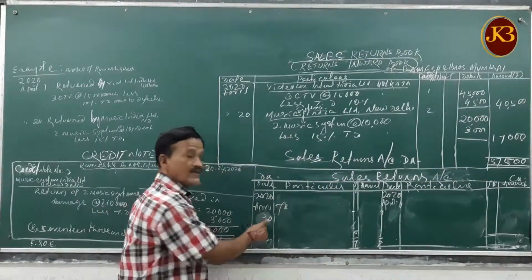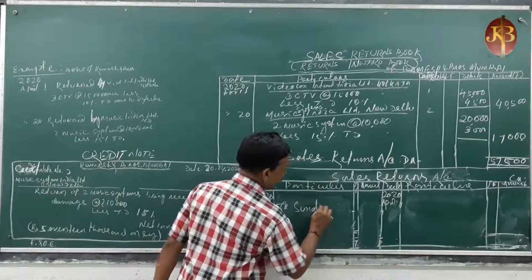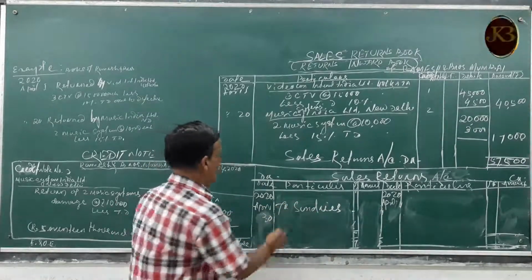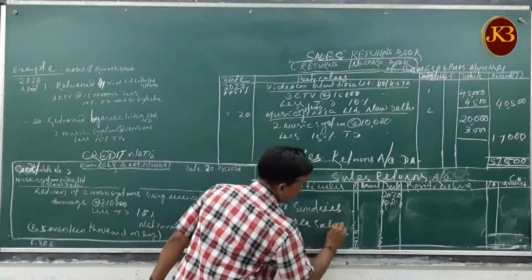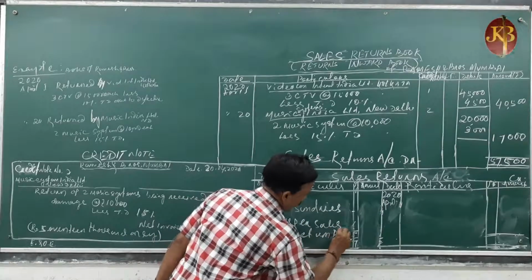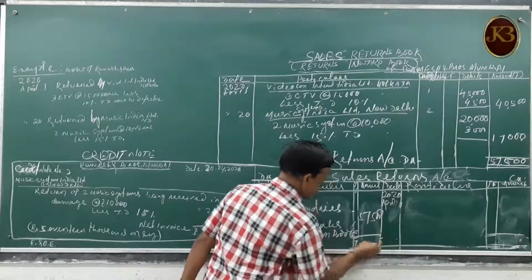On April 30, the last date, you have to show here, to sundries. Sundries means total. To total, as per sales return book, 57,500. So the total is 57,500.